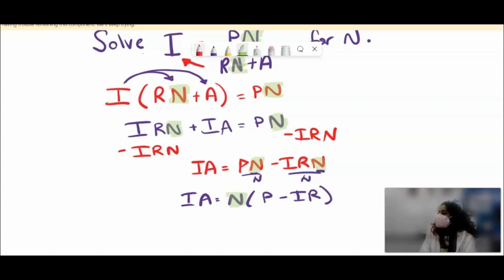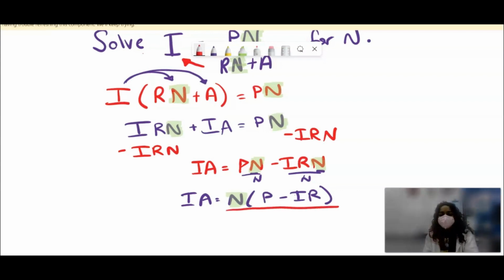But what's happening to n? It's being multiplied by that parentheses, right? I can treat the parentheses like a single thing, like a grocery bag that has a bunch of stuff in it. If you pick up the grocery bag, you've just picked everything up. You don't need to pick up everything in the grocery bag one by one. You just move the grocery bag, okay?